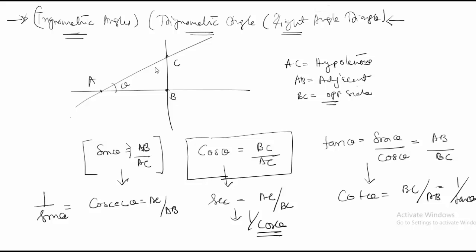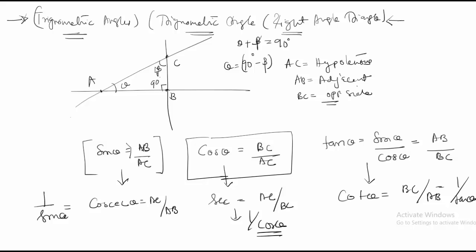Again, if I have this angle theta and this angle as beta, it is possible to show that this is 90 degrees. So my theta plus beta will always be equal to 90 degrees, so my theta is equal to 90 degrees minus beta.